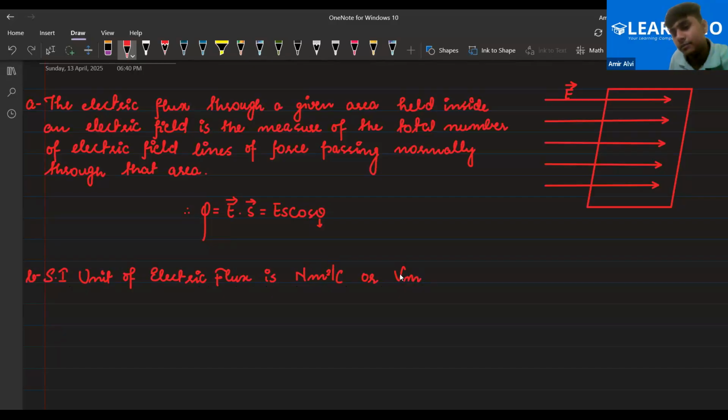Is that clear? So these are the two units of the electric flux. Please note it down and let me know once done.